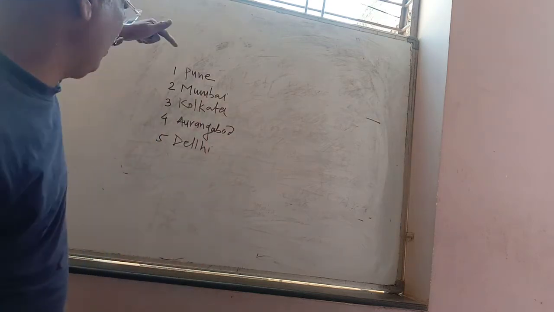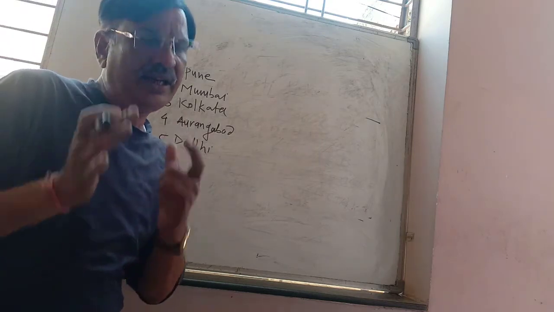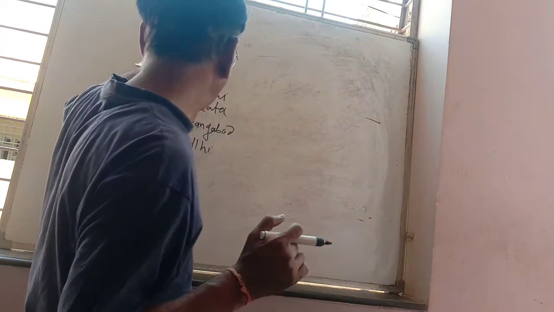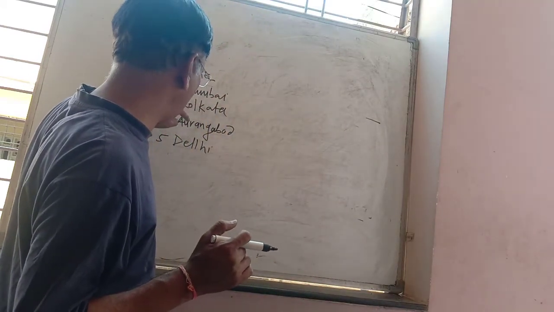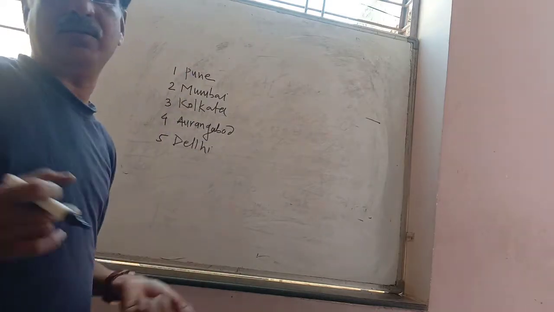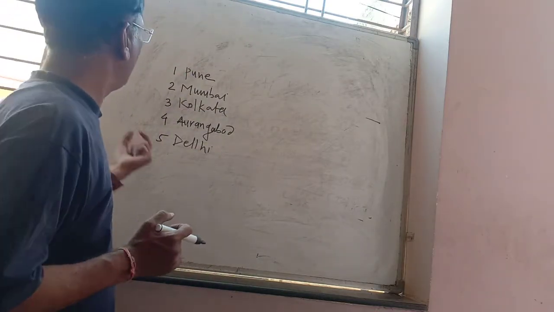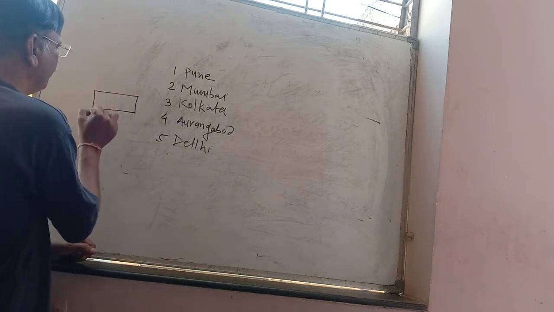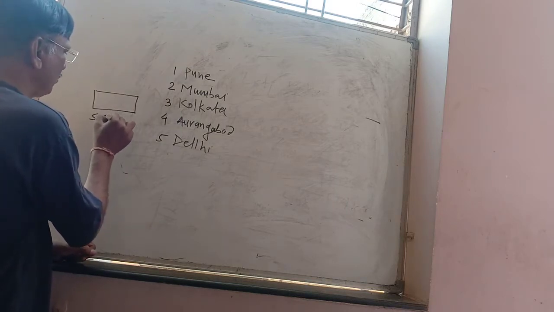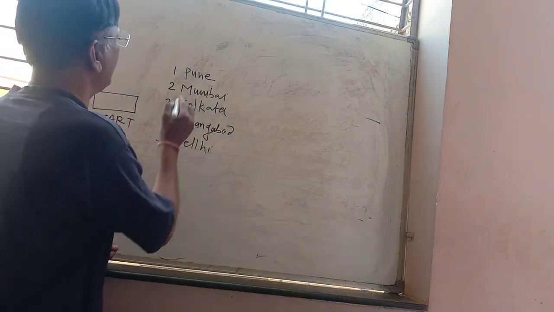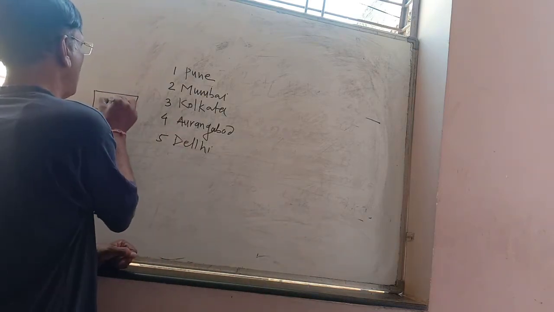Now look at this. If it is a linear list, then there are 5 elements: Pune, Mumbai, Kolkata, Aurangabad and Delhi. But if it is a linked list, then the first element is shown by the variable called start. Suppose I say the starting element is Aurangabad, so start is equal to 4.